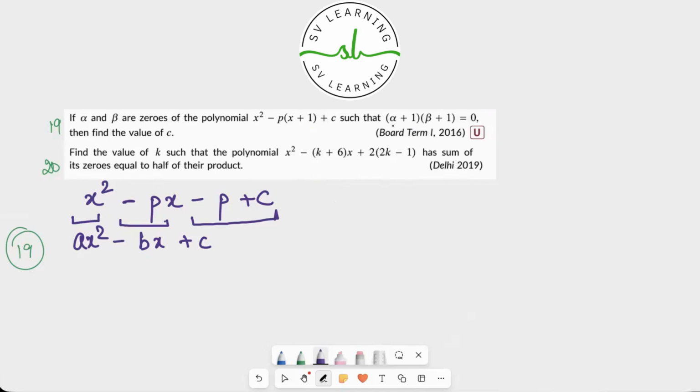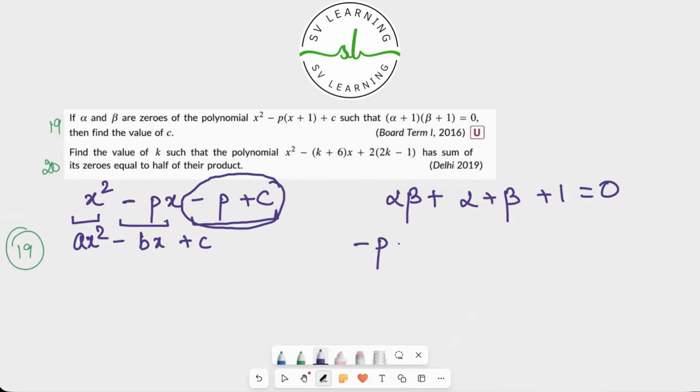And now a condition is given that (alpha plus 1) into (beta plus 1) is 0. So if I open it, I get alpha beta plus alpha plus beta plus 1 is equal to 0. And then just substitute. What is alpha beta? It is the product of the roots, which is c by a. Now this is my c. A is anyways 1.